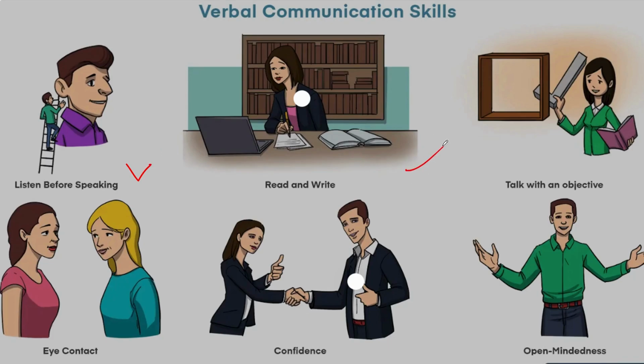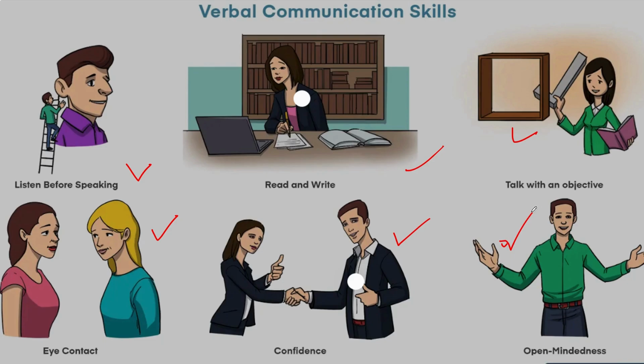Read and write. Talk with objective. This simply means that we should avoid unnecessary talks, and always we should make eye contact when we are speaking to another human being. This shows our confidence. And whenever you are speaking to another human being, make sure that you speak with utmost confidence and open-mindedness.